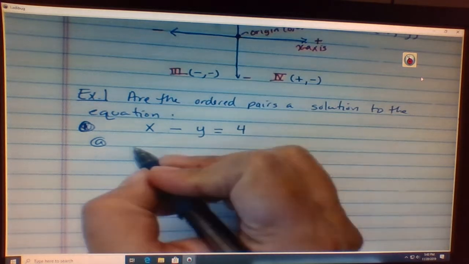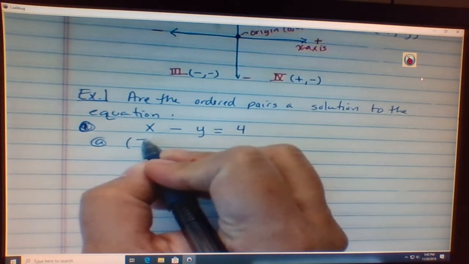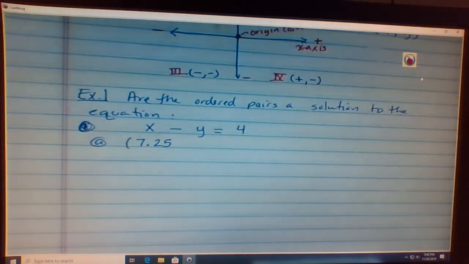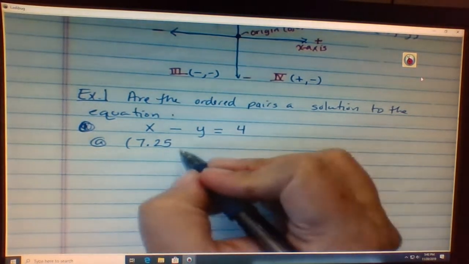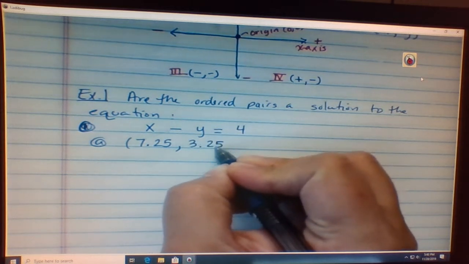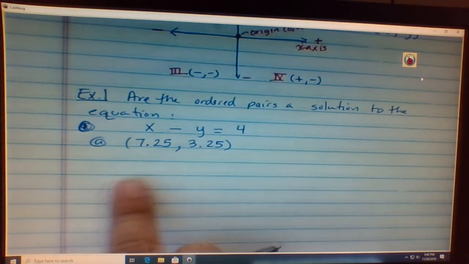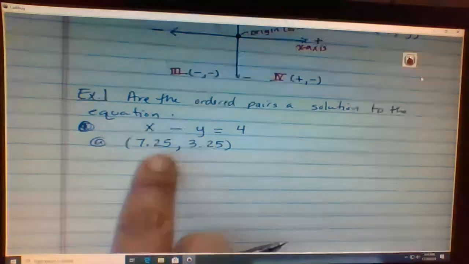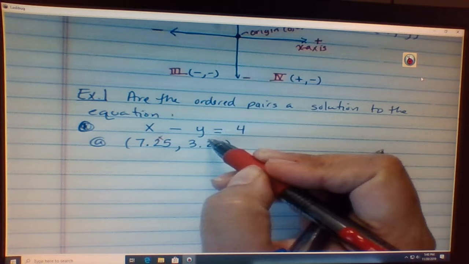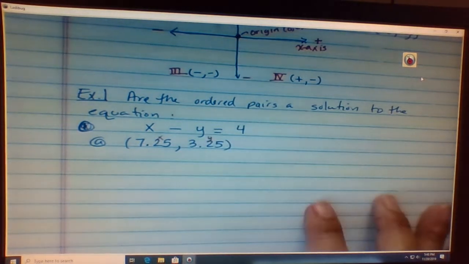Let's say I have the point 7.25, comma, 3.25. So this is an ordered pair, right? The first number represents who again? X. The second one represents Y. Easy.